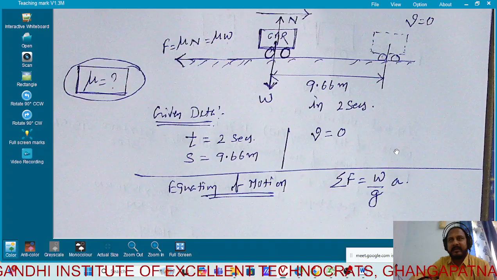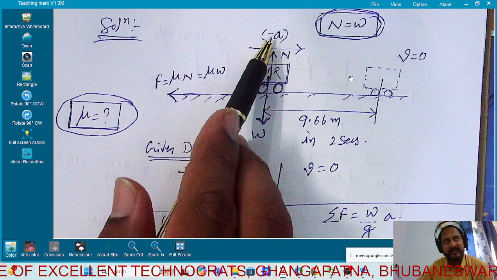But the frictional force is in which direction? It is in the opposite direction of acceleration or not? If you want to take this direction as minus a, you can take it. Then this will be negative or not? Are you getting my point?